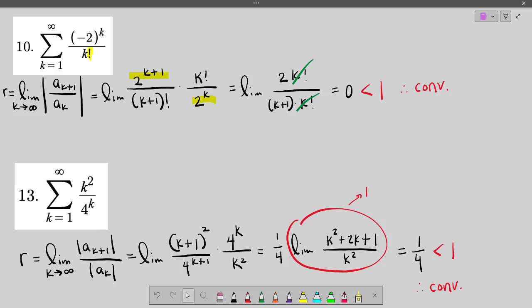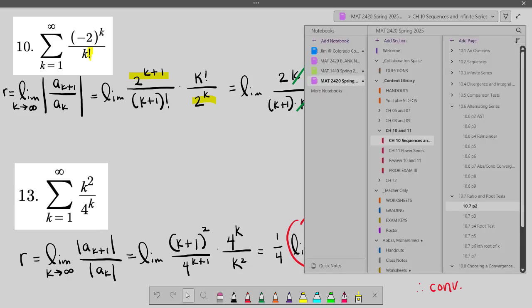Exponential dominates any polynomial, so the exponentials in the denominator, those terms are going to 0 very fast. Up here, exponential in the numerator, factorial in the bottom. Factorial dominates any exponential, so yeah, these are going to go to 0 very fast. So convergence makes perfect sense.